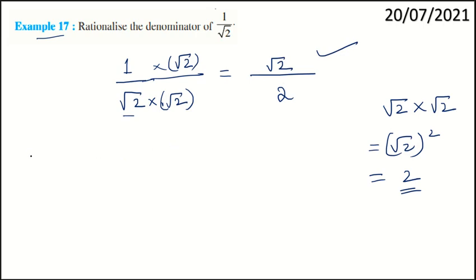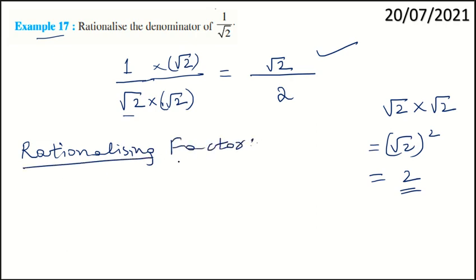Okay. Now here I would like to bring you one important term called the rationalizing factor. The word factor. So rationalizing factor, or RF, we say. So what is the rationalizing factor of root 2?